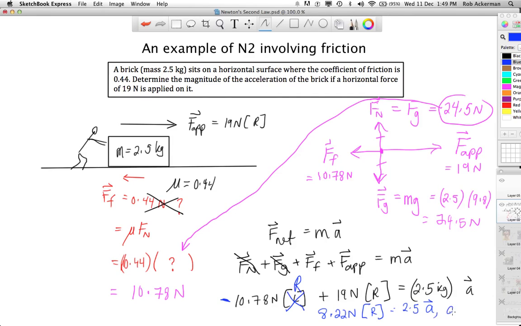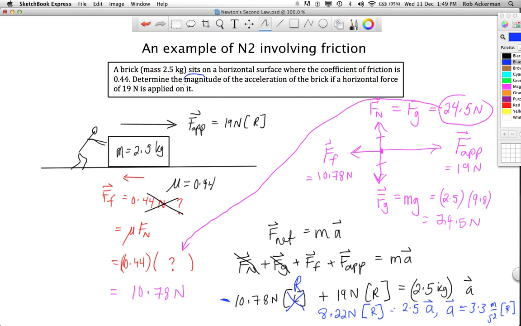And what does that give you for a? Well, divide by 2.5, and you get, let's see, 8.22 divided by 2.5. I get about 3.3 with correct sig figs, and that would be meters per second squared right. One last thing, folks.